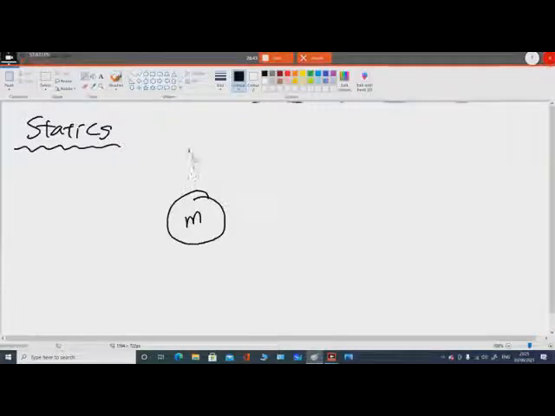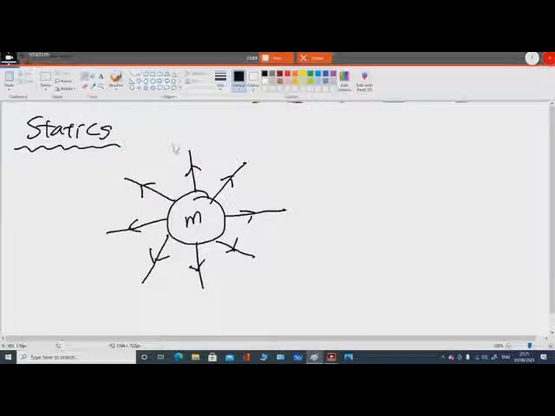This is our mass M. Let's say I have this, this, this, and this. So this is our F1, F2, F3, F4, F5, F6, F7, and lastly F8. Let's say we have these 8 forces acting on the object.